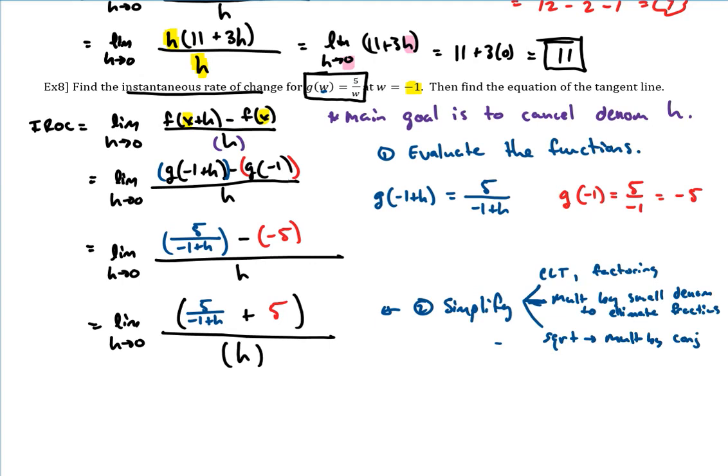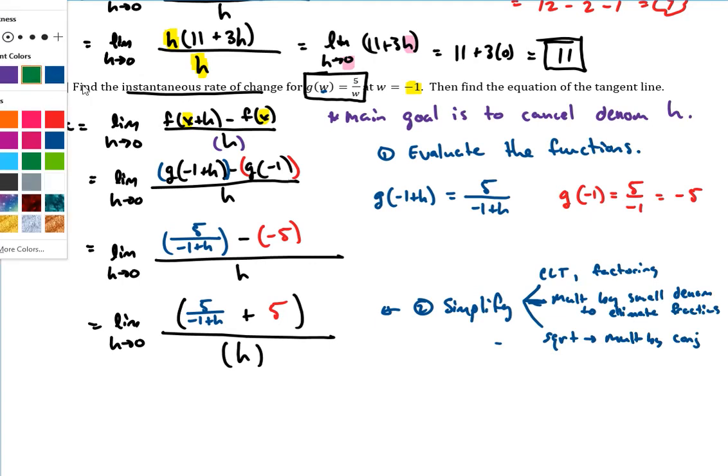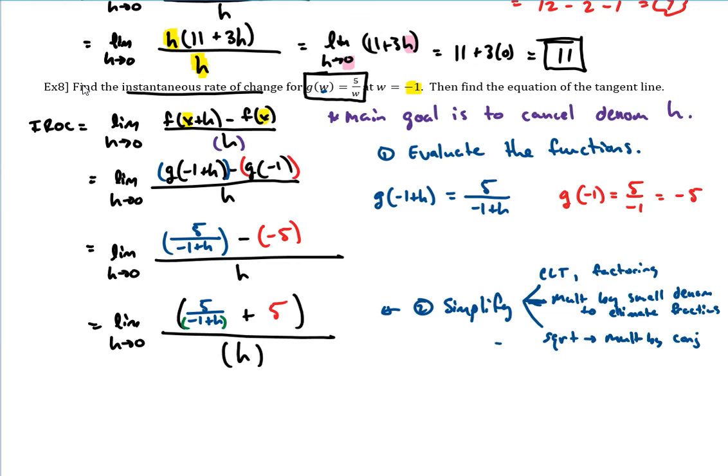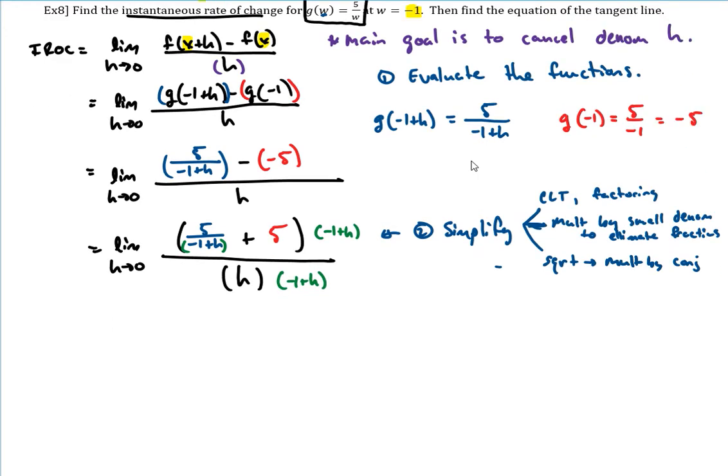With this one, since we have that denominator down there, I'm going to multiply everything by that -1 plus h on both the top and bottom to simplify. That way I'm going to get rid of the complex fraction.